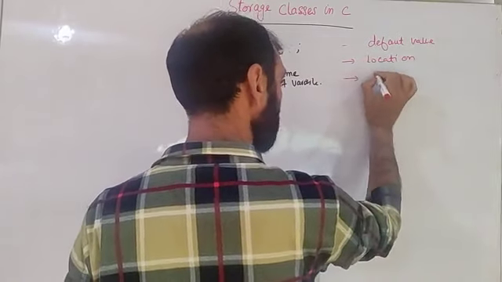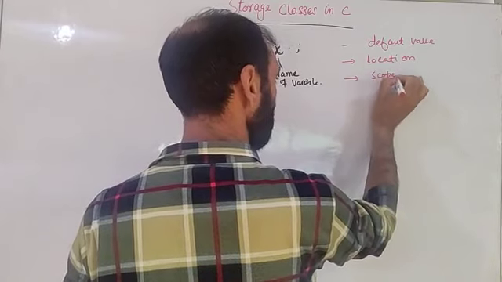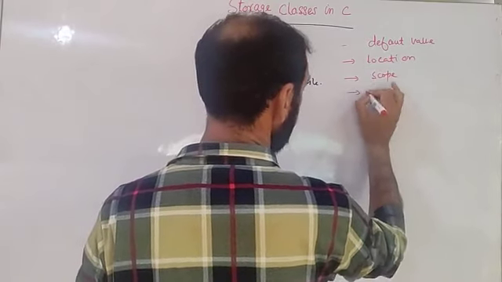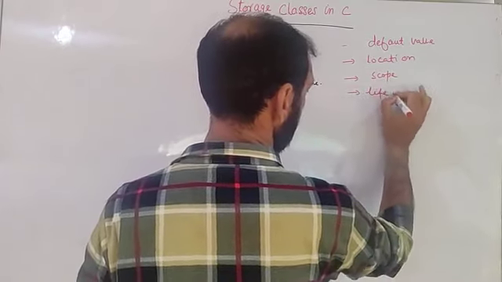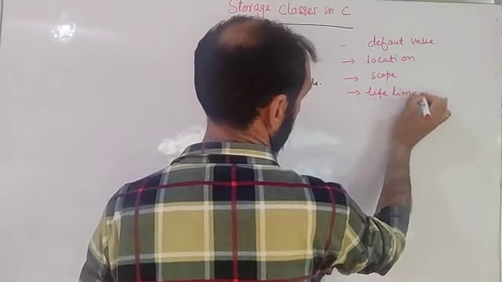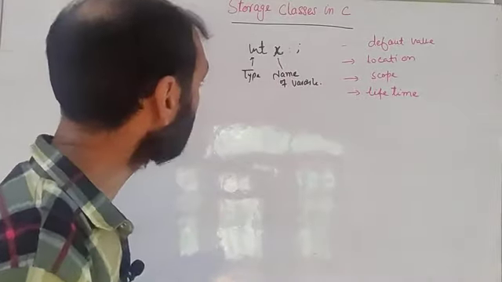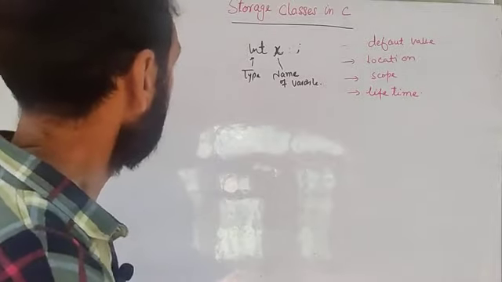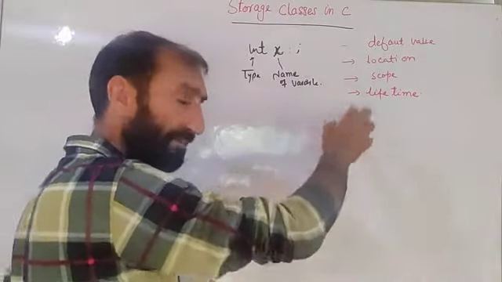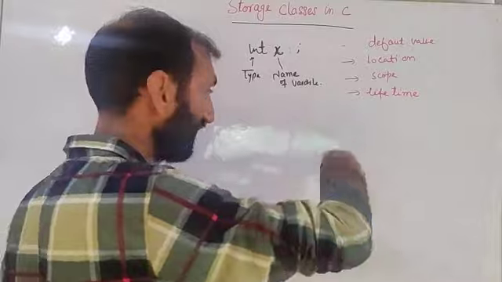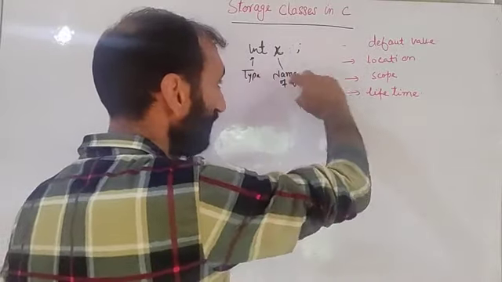Third, the scope of the variable. And fourth, the lifetime. That means in addition to these properties, there are some other things which are associated with this variable.